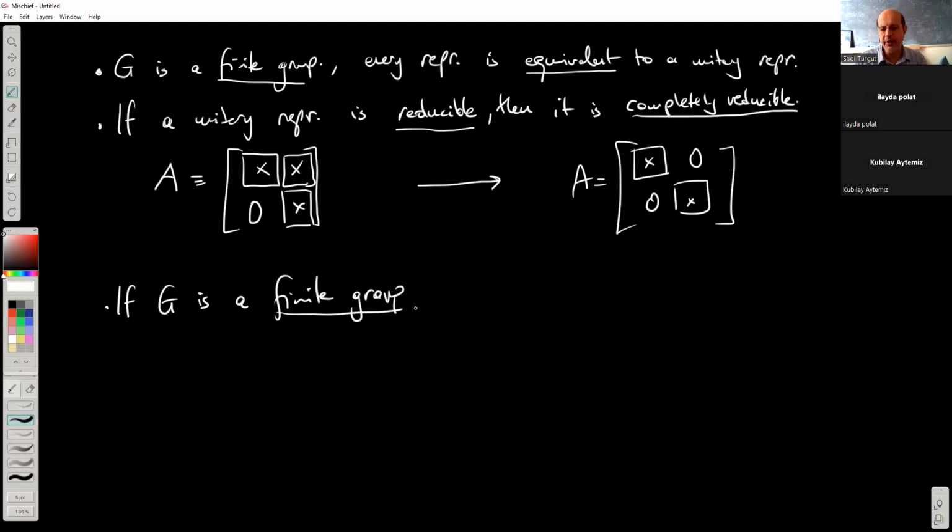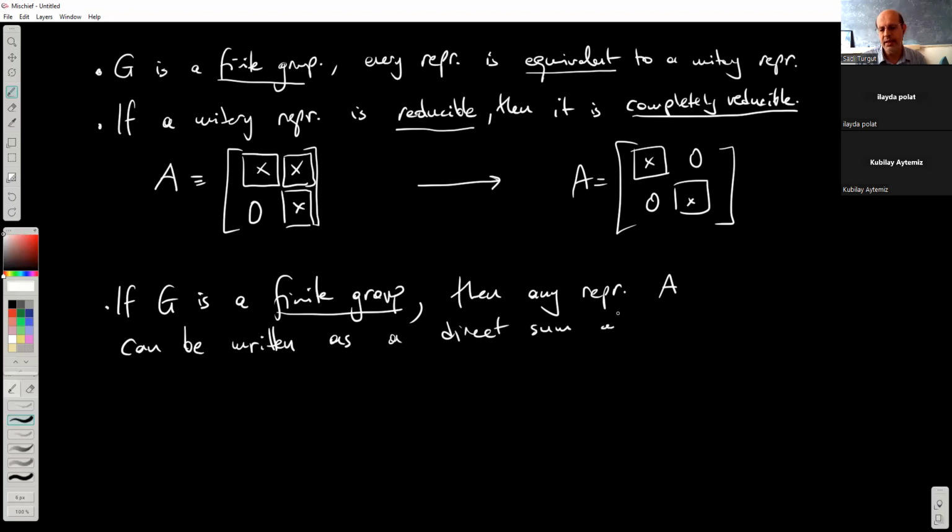Right? If G is a finite group, then any representation A can be written as a direct sum of irreducible representations. Okay.